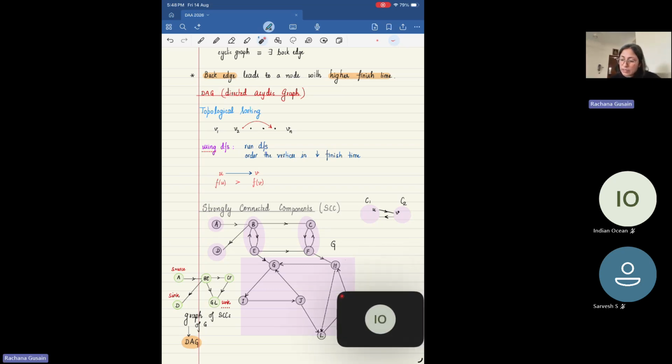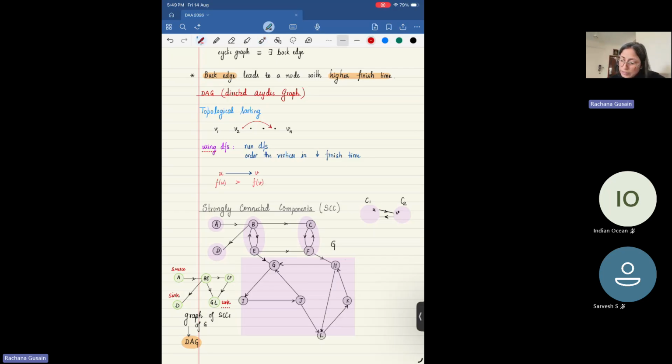So I have a DAG, I do DFS on the DAG, and then I want to understand the following questions. First question is the node with the highest finish time. Can we say something about that node? What kind of node will it be? And second, I want to understand the node with the lowest finish time. What kind of node must it be?